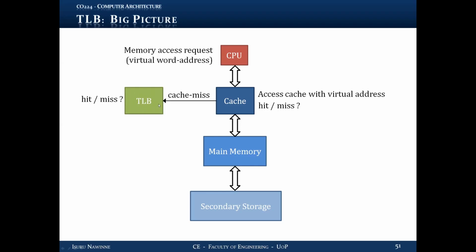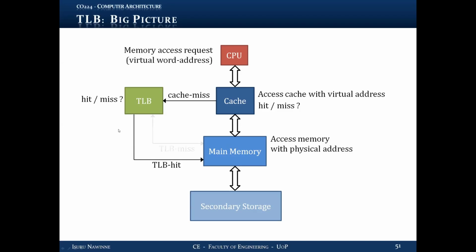If we have a hit in the TLB, if we can get the address translated in the TLB, we can access the main memory to fetch the missing data and send it to the cache. We send the missing block to the cache, and the cache will send the missing word to the CPU. Right, so that is if we have a TLB hit.